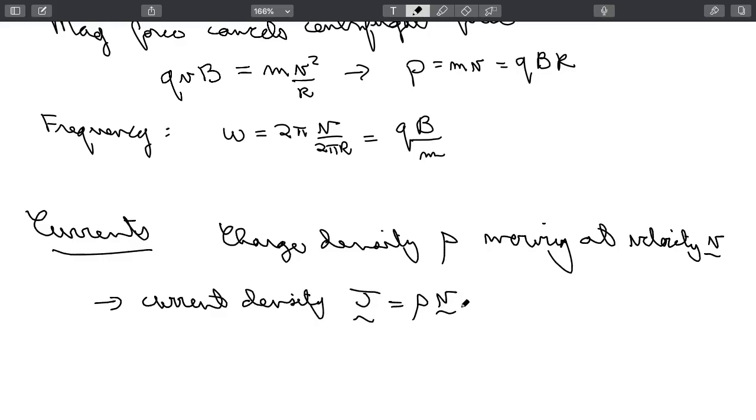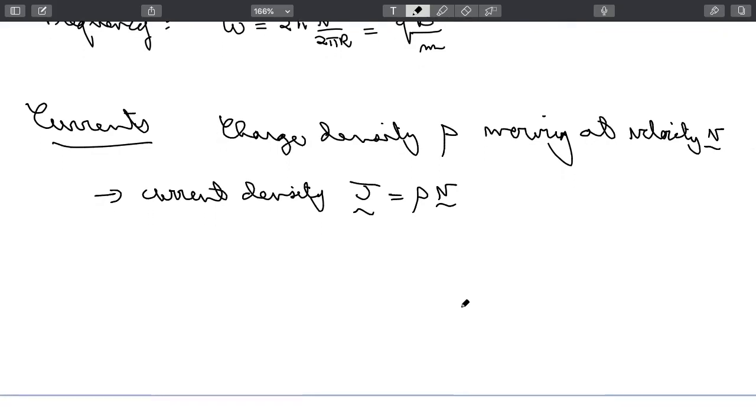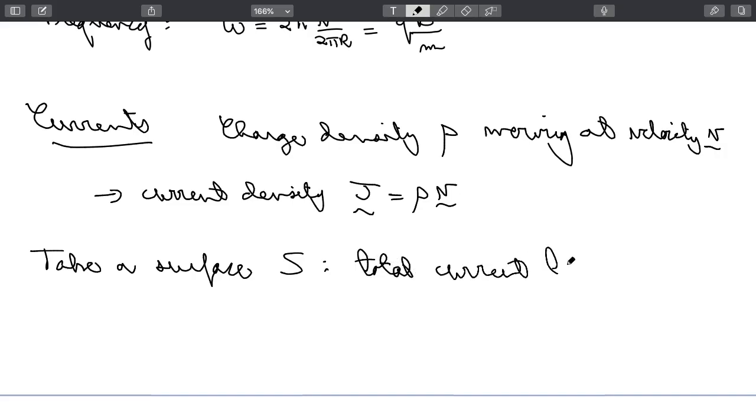Now, if you take a certain surface S, then the total current going through the surface is just I, the integral over the surface of your surface area element dA with this J in there.